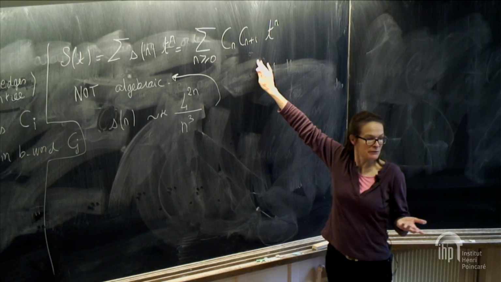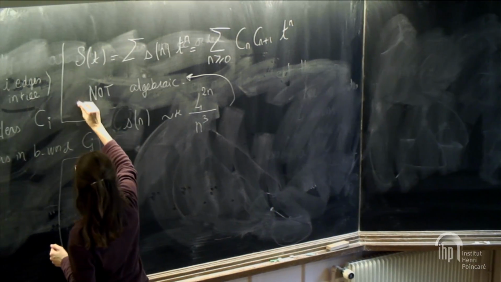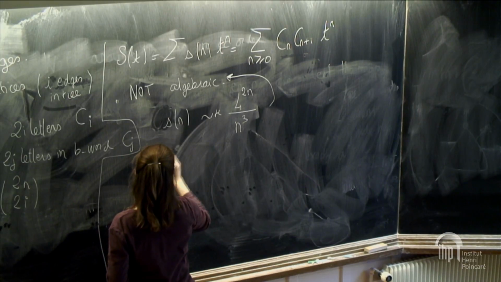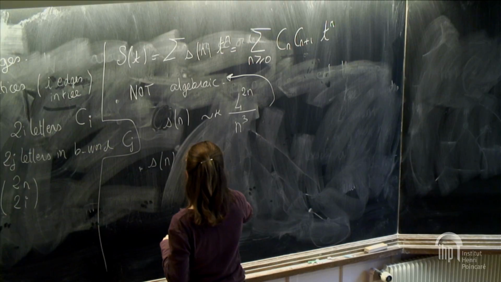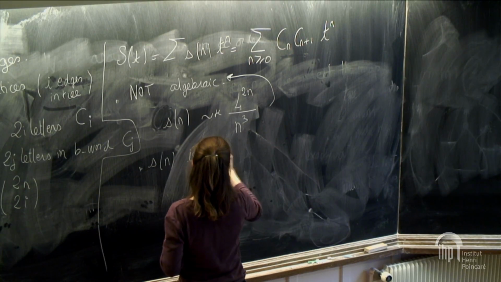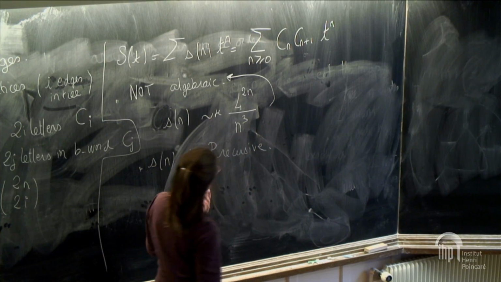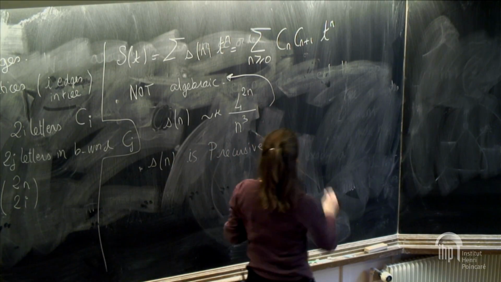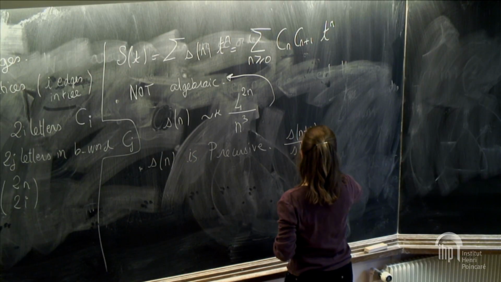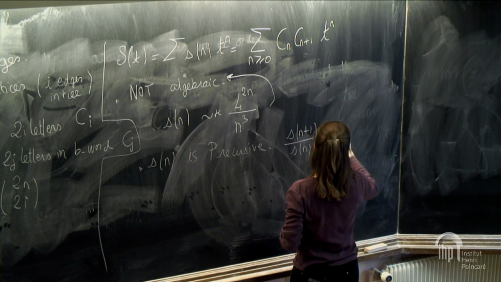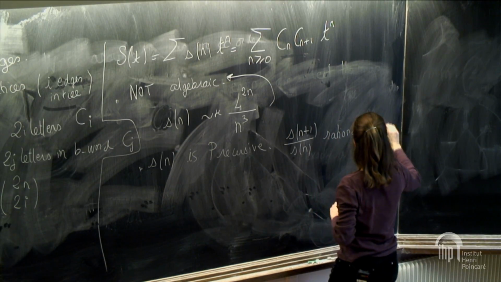So still the numbers are very nice, and they satisfy a polynomial recurrence, a linear recurrence relation. So it's P-recursive. And here, in fact, it's even a hypergeometric sequence. So that is S_{n+1} over S_n is rational in n.